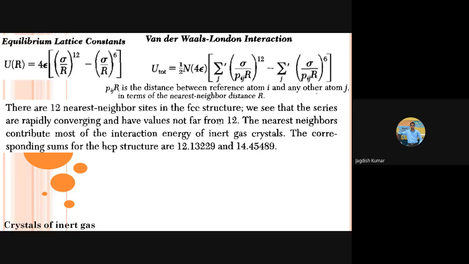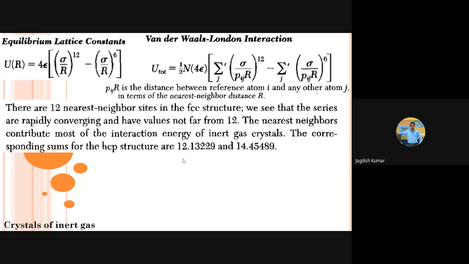If we take sigma over r raised to the power 12 common, the summation will give you a factor of 12. That's the main thing. And if you use this summation further to the next nearest neighbor, next to next nearest neighbor, you will be finding terms which are very small. One of the terms I retained for next nearest neighbors was 1 by 64. So you can imagine that is going to be small. The next term is going to be further smaller.